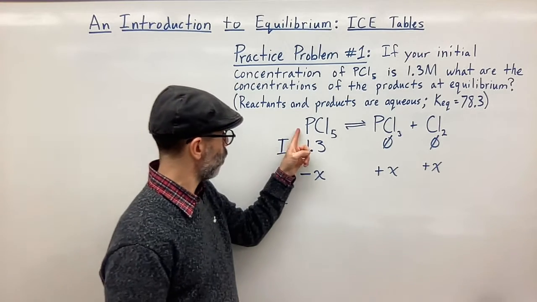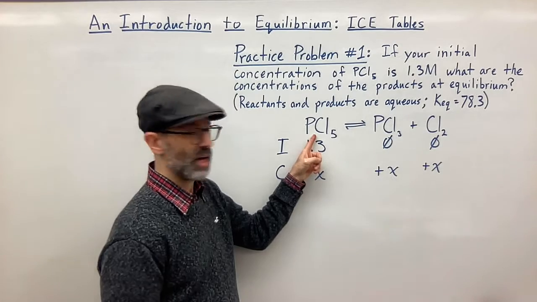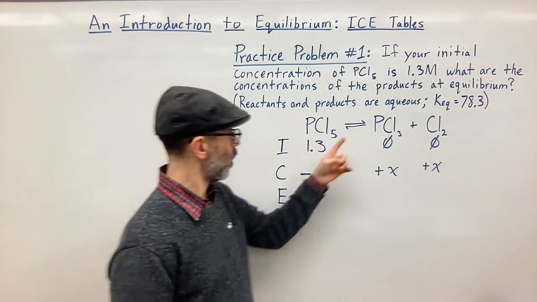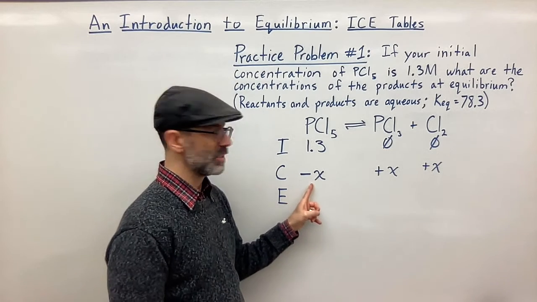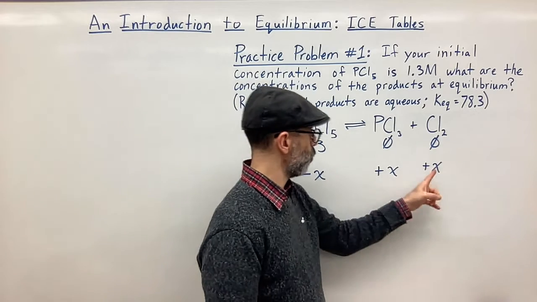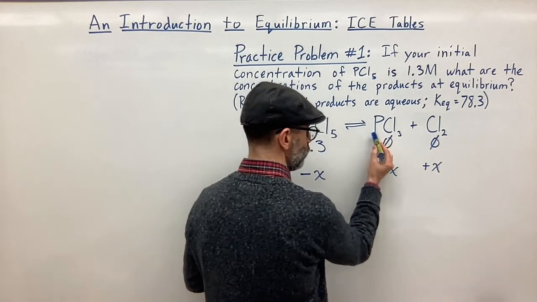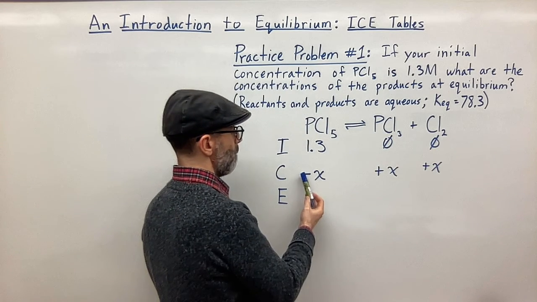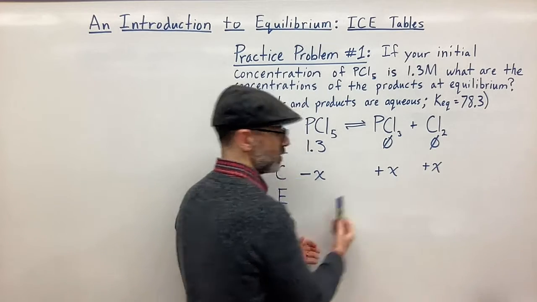Since I have 1 mole of this reactant, PCl5, creating 1 mole of each of these, then 1X is going to form 1X here, 1X here. If this was a 2, then I would have minus X here, and this would be plus 2X.